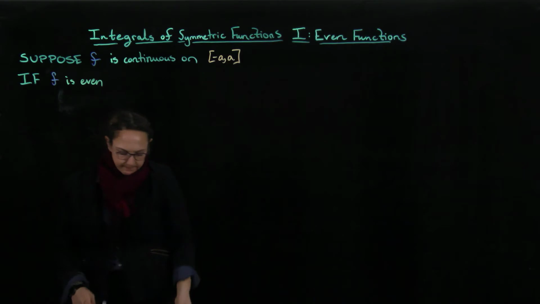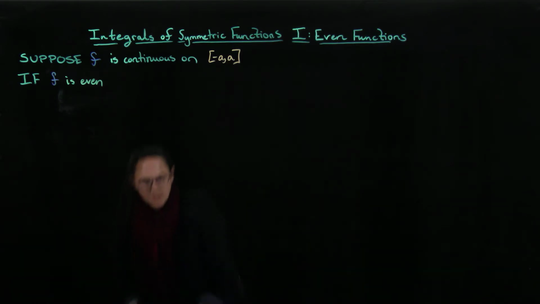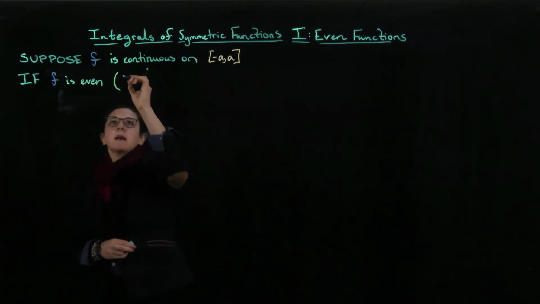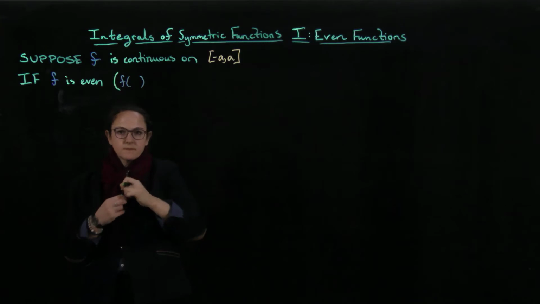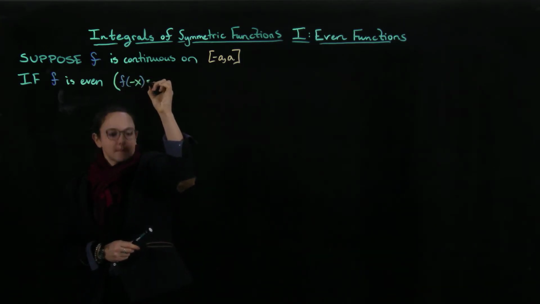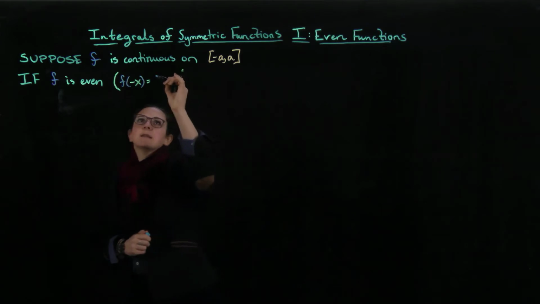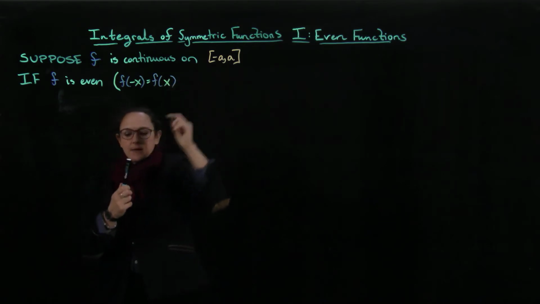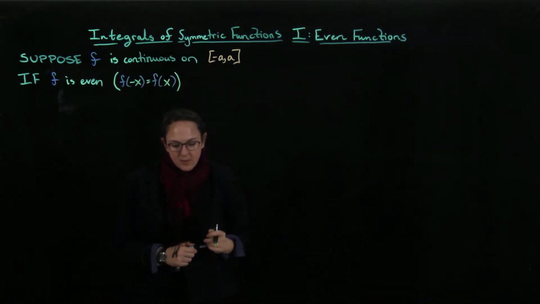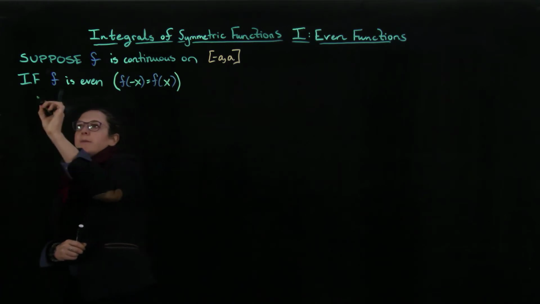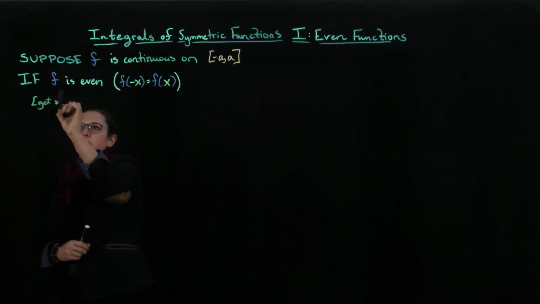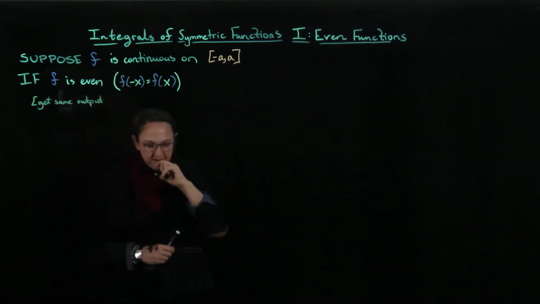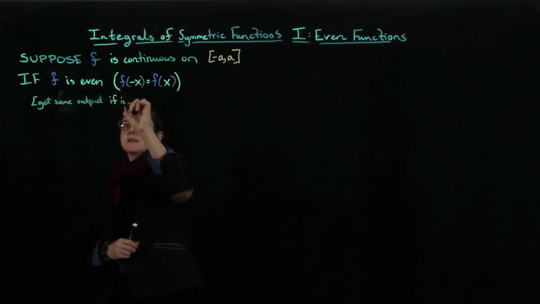It means that if I take f and evaluate it at minus x, I'm going to get the exact same thing as if I evaluated it at x, with x squared being a good example. So we get the same output if I input any x and minus x.